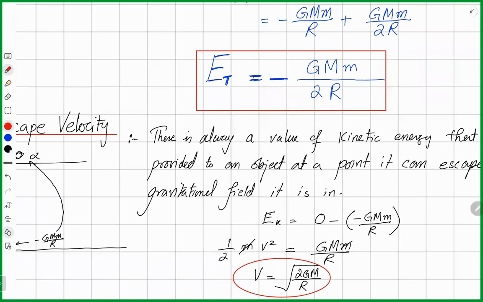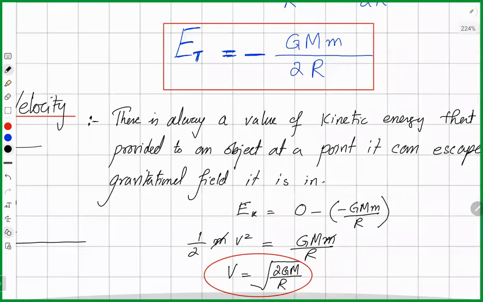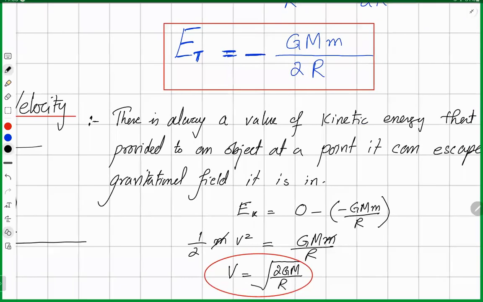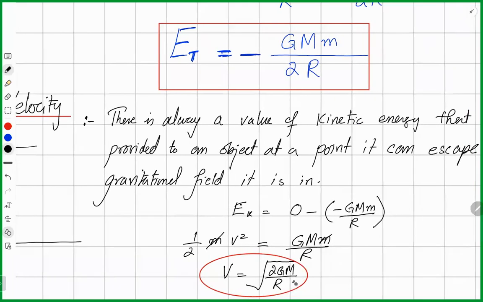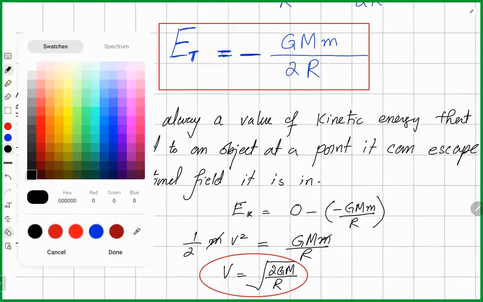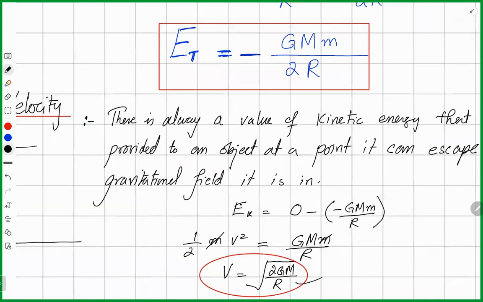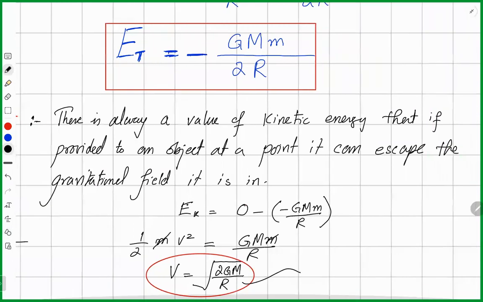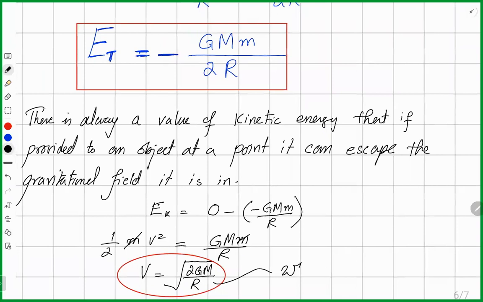This is the velocity that we need to provide to something to make it go to infinity, where v is escape velocity.